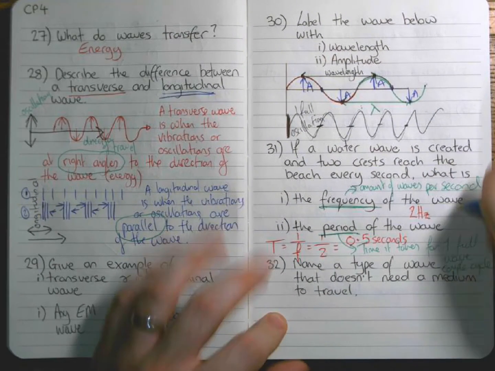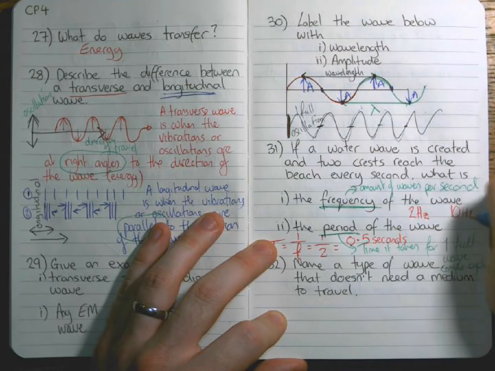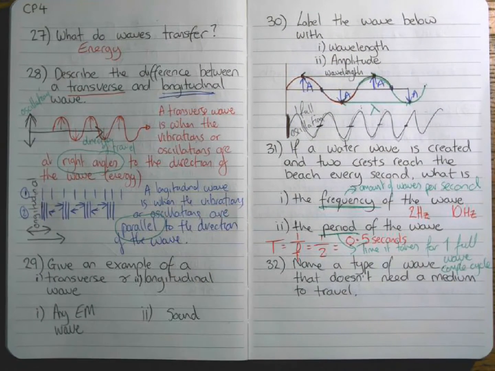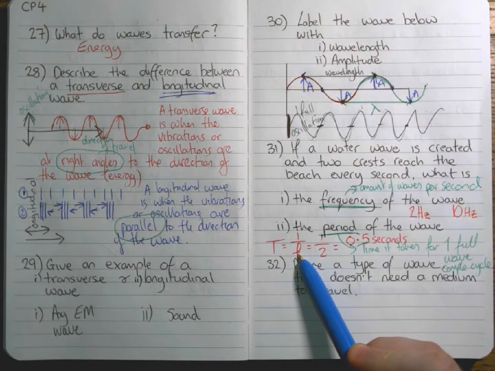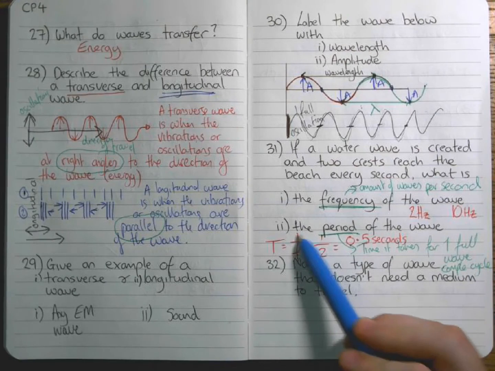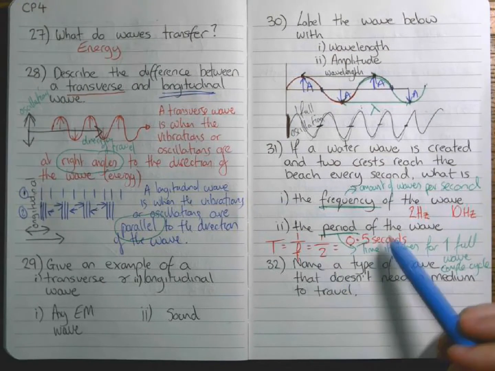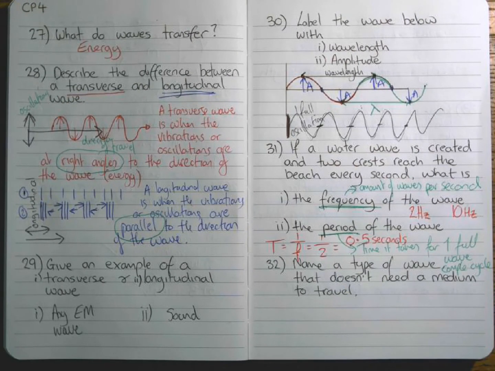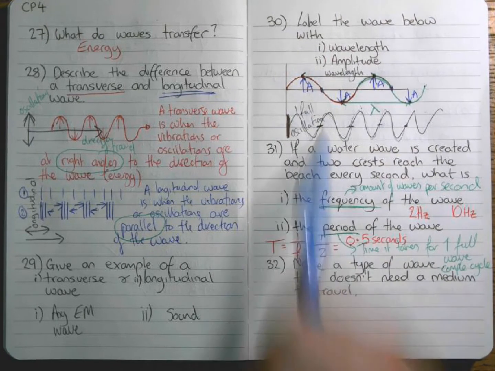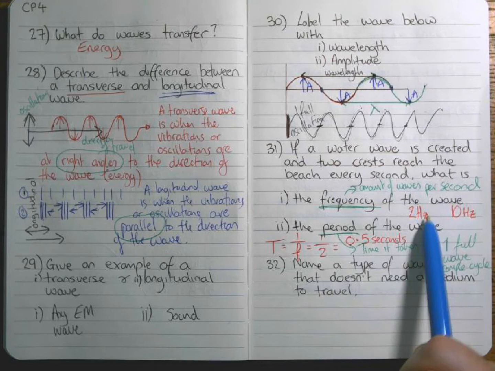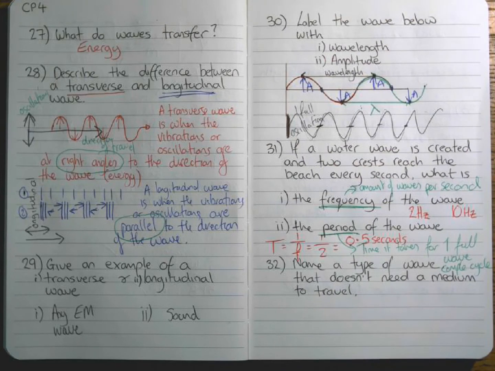If the frequency was 10 hertz, what would the time period of the waves be? Well, you would just put the 10 hertz into the frequency bit. It would be 1 divided by 10, which would mean 0.1 seconds, which makes sense if you think about it. If it takes half a second for a full oscillation, then you're going to fit 2 in 1 second.